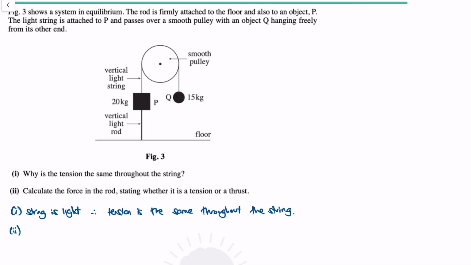Part 2 is calculate the force in the rod, stating whether it is tension or thrust. So what we have is object P. It feels tension from the string, from the pulley, pulling it up. It also feels its own weight, which is going to be 20g.